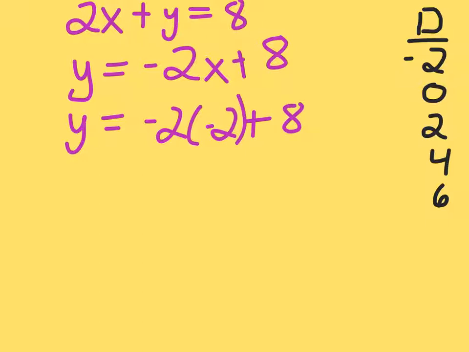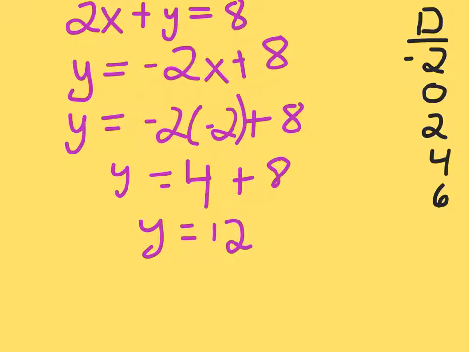Well, we have a negative 2 times a negative 2 right here. That gives us 4. Okay? 4 plus 8 is 12. So then our range, when our domain is negative 2, is 12.